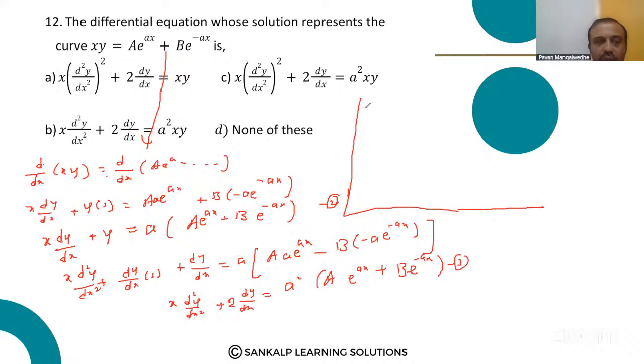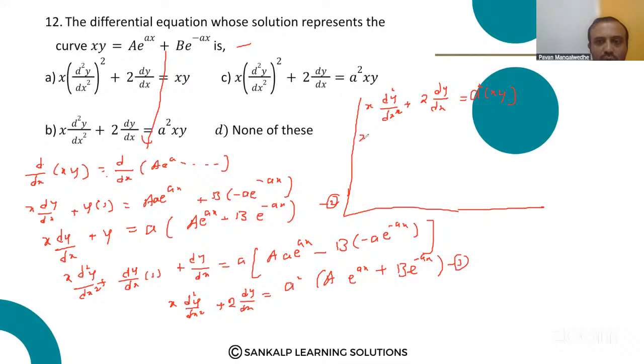Now, equation 3, just substituting equation 1 into equation 3. Equation 1 is the original equation. Then what we are going to get is x into d square y by dx square plus 2 into dy by dx, which is equals to a square into bracket xy.